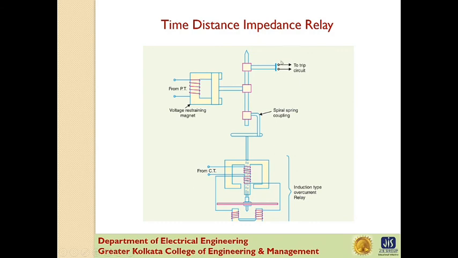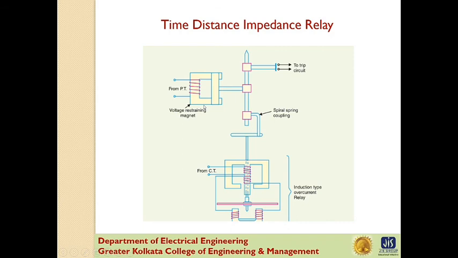However, on occurrence of a short circuit, the disc of the induction current element starts to rotate at a speed depending upon the operating current. As the rotation of the disc proceeds, the spiral spring coupling is wound till the tension of the spring is sufficient to pull the armature away from the pole face of the voltage excited magnet.